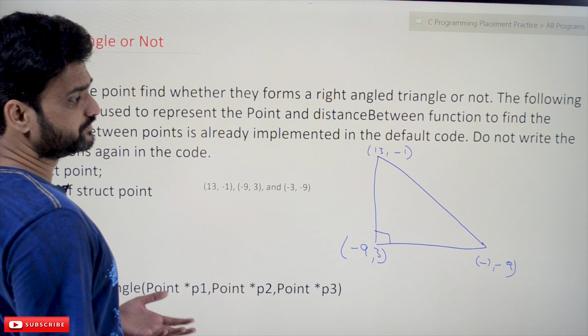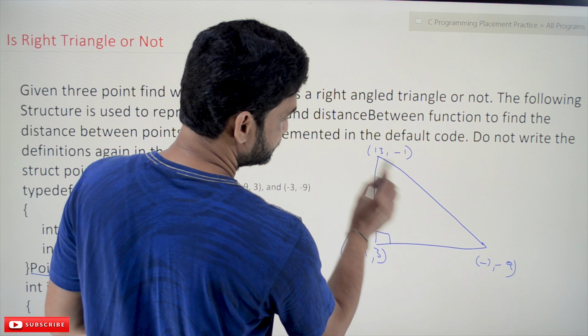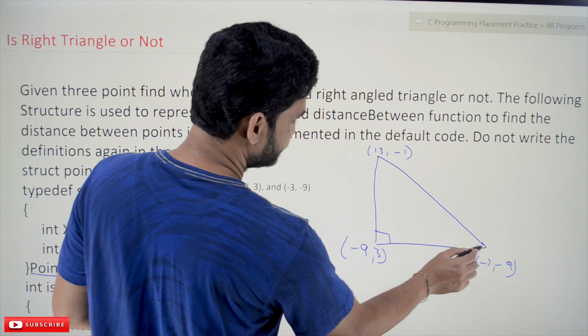First we have to find the distance between the points: this one, this one, and this one. After finding the distances, for example d1, d2, d3, we have to find among them the maximum distance, minimum distance, and medium distance.